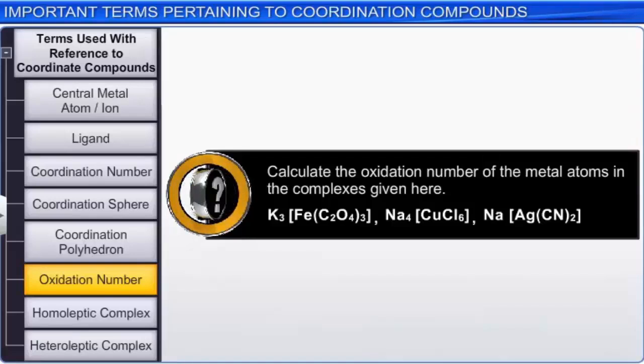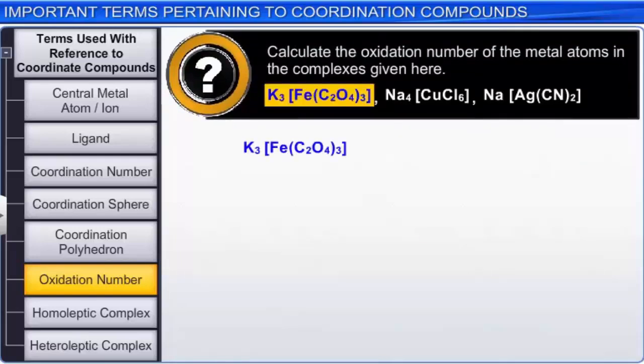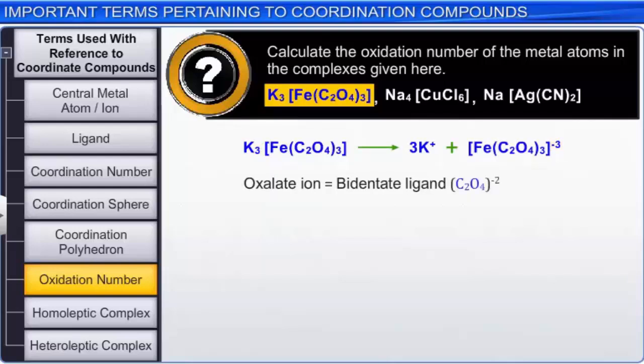Here is a simple problem for you. Calculate the oxidation number of the metal atoms in the complexes given here. In the first case, there are 3 cations outside the coordination sphere. Hence, the charge on the complex ion is minus 3. The oxalate ion is a bidentate ligand.